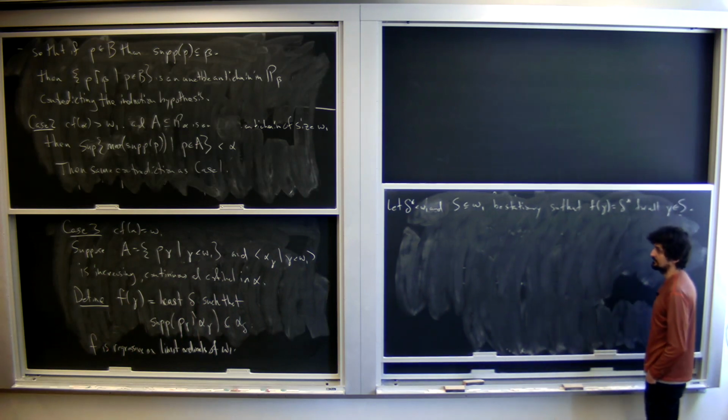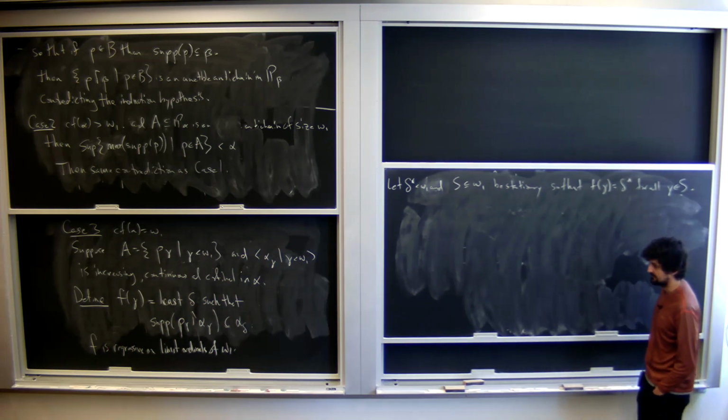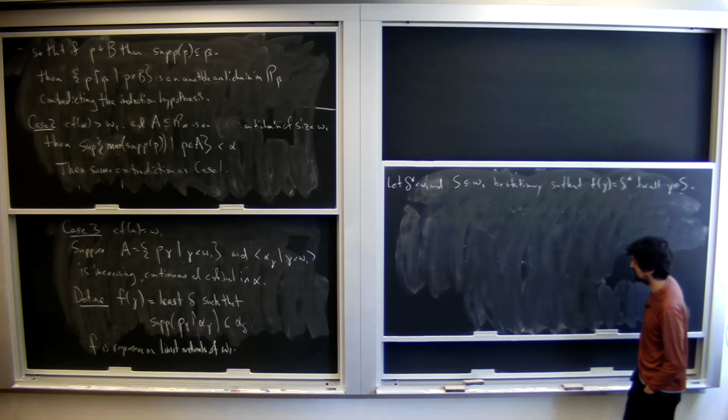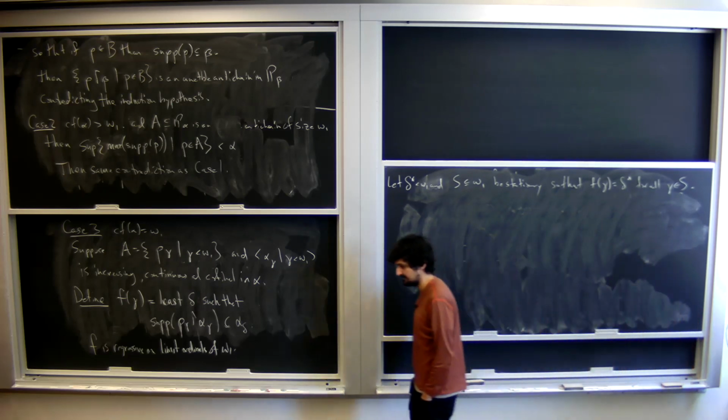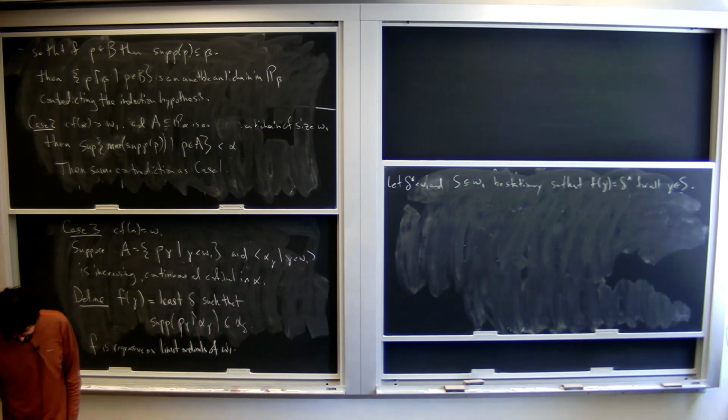Right, so our function is constant on a stationary set. And we're almost good. We're almost ready to get our contradiction.